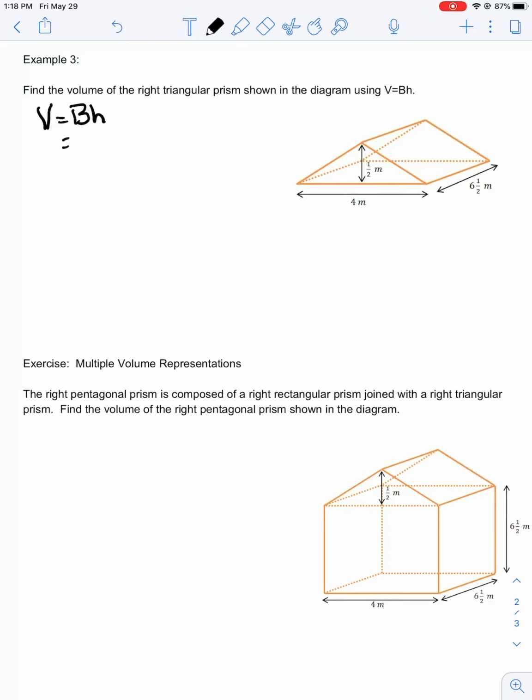So we have 1/2 base times height of the triangle itself, and then times the height of the prism. And again, that's from one triangle to the other. So we have 1/2. Our base is 4. The height of the triangle here is this right here, which is 1/2. And then the height of the prism itself here is 6.5.